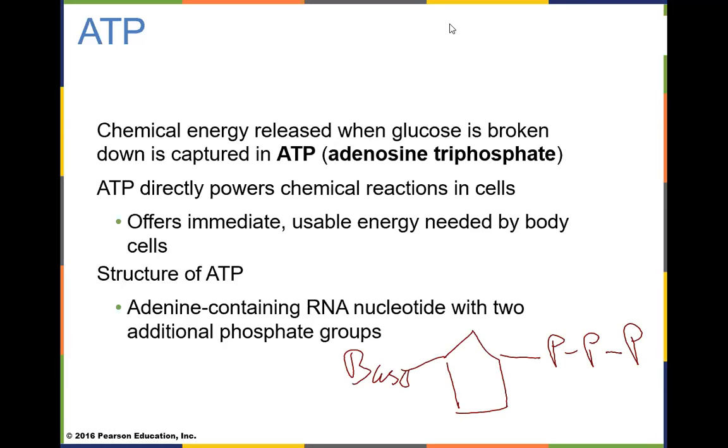The most important of the phosphates here is this 3rd phosphate. This is a high energy bond between phosphate number 2 and phosphate number 3. This is why we call it adenosine triphosphate, 3 phosphates. This high energy bond can be broken and restored.